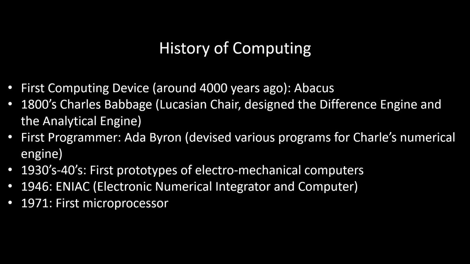In the 1930s and 40s, the first prototypes of electromechanical computers appeared, and you have to imagine the word mechanical, it wasn't just electronic. Then in 1946, we saw basically the first modern computer, if you can call it that. It was called the ENIAC, Electronic Numerical Integrator and Computer, and like the name says, it was more for mathematical calculation, so to speak.